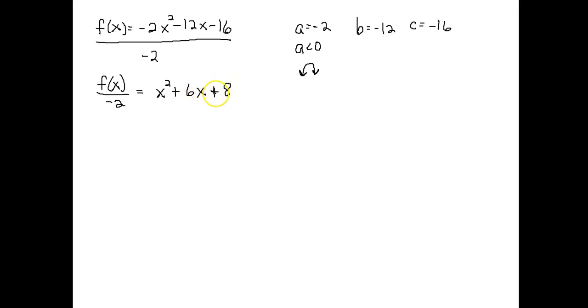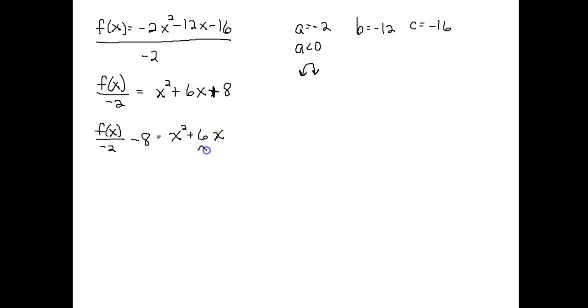This right side is not a perfect square trinomial right now, so we can't factor it. It would be nice if we could, but we can't. So we need to take this plus 8 and subtract that from both sides. That'll leave x squared and plus 6x by themselves over here, and now we're set up to complete the square.